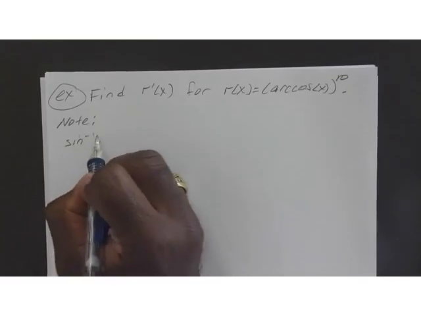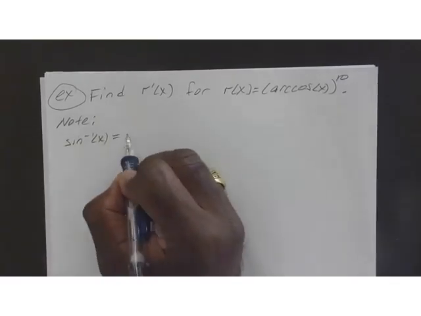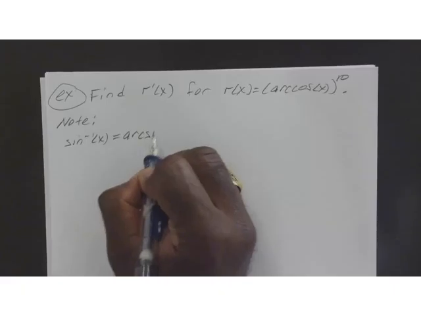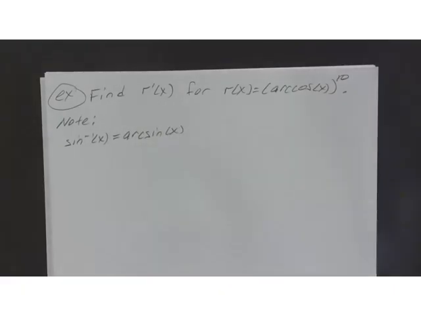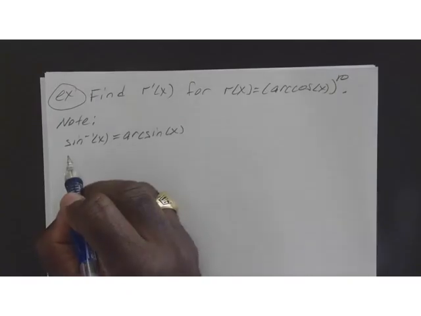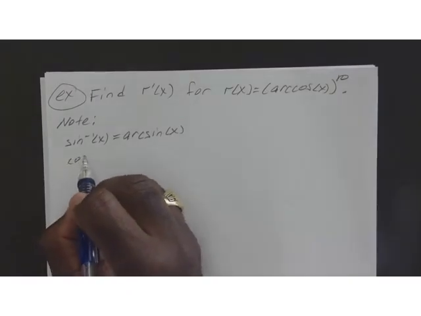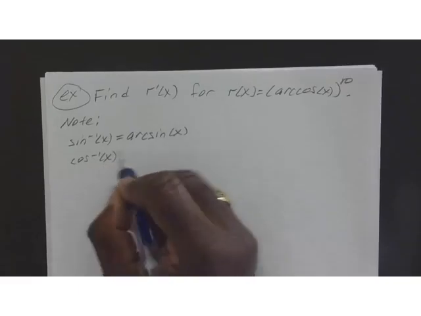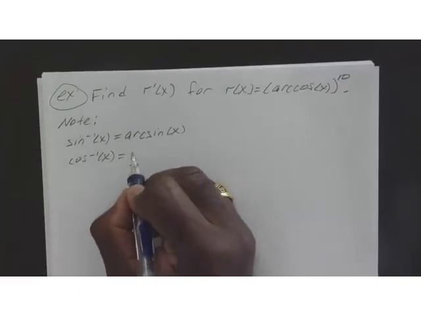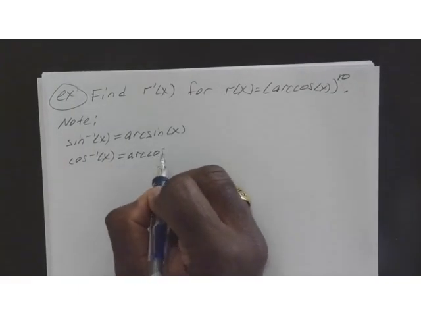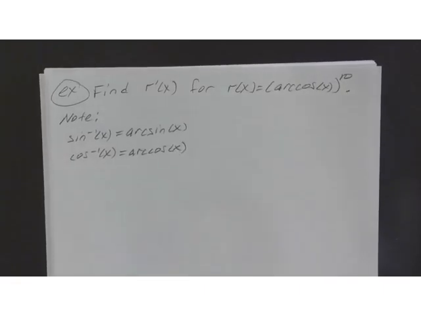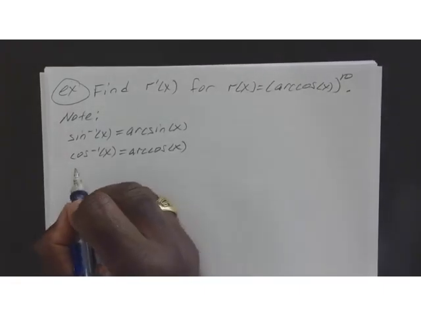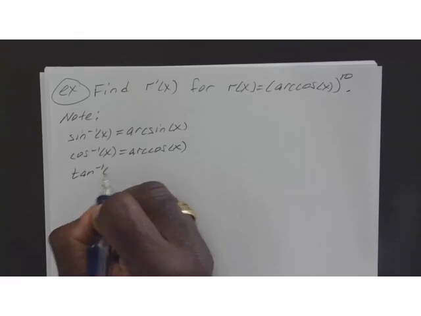If you have sine inverse of x, they sometimes call that arc sine of x. You have cosine inverse of x, they sometimes call it arc cosine of x. Same with tangent inverse of x.